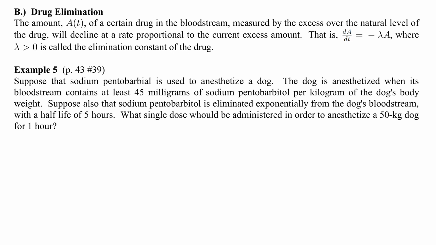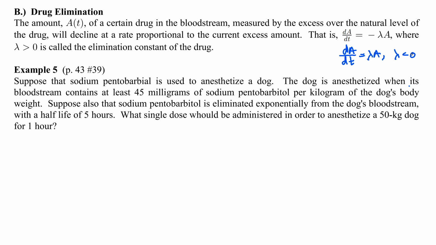It's like the decay constant for our carbon-14. But instead of looking at a radioactive element, we're looking at the metabolism of medicine in the bloodstream. But the laws, the rules governing those things are the same. Another way to think about this is dA over dt equals lambda A, where lambda is less than 0.